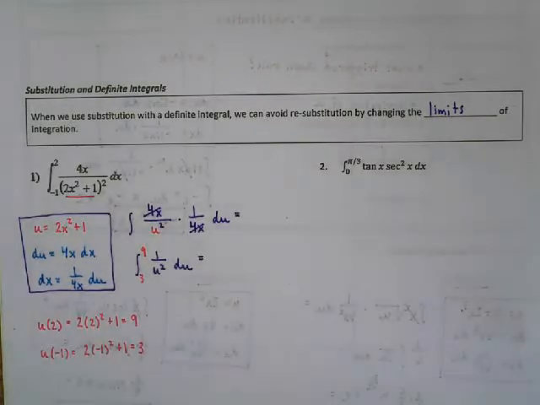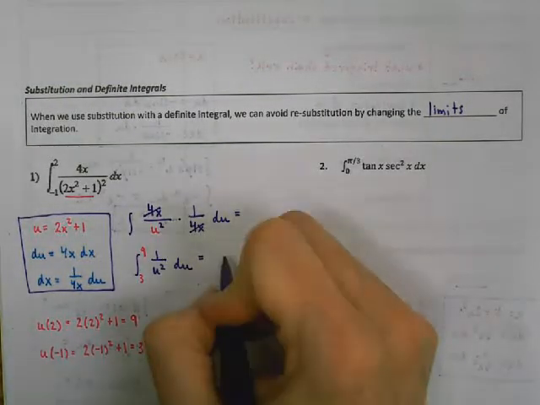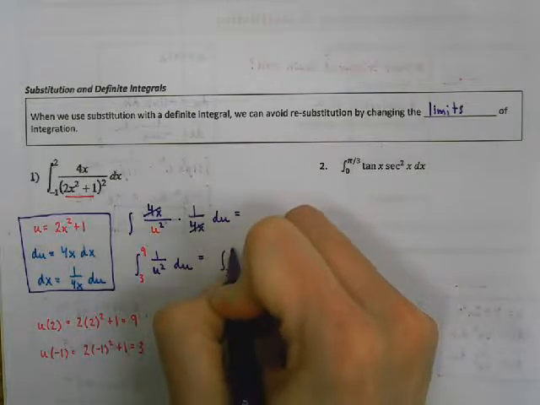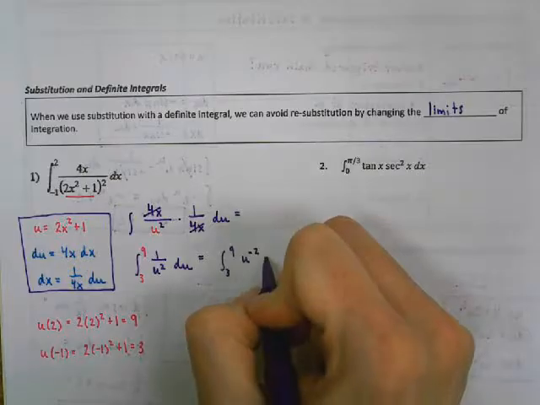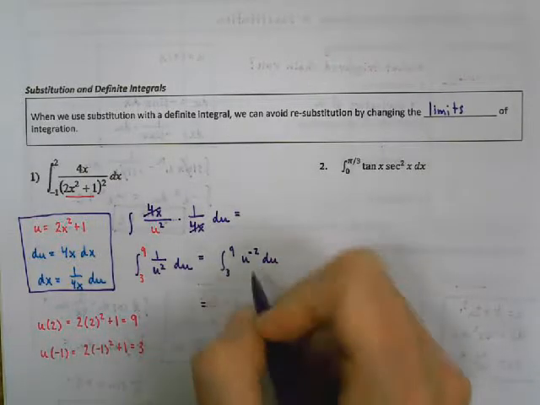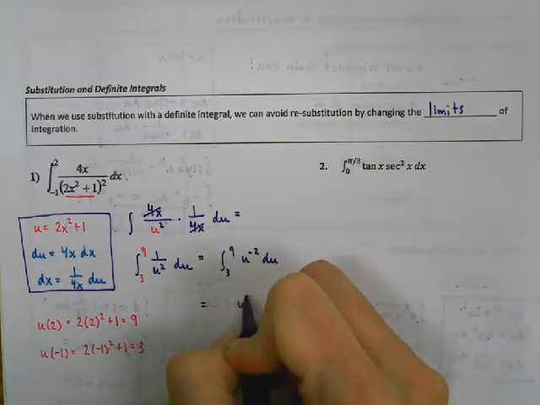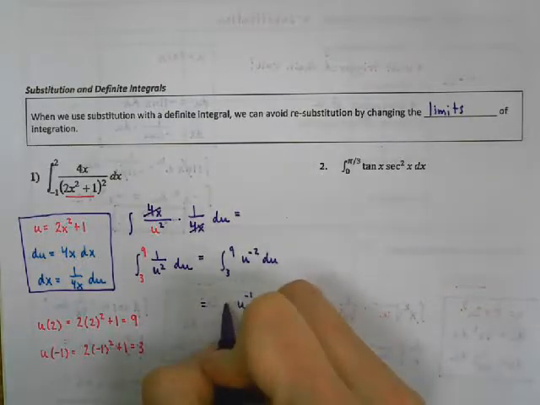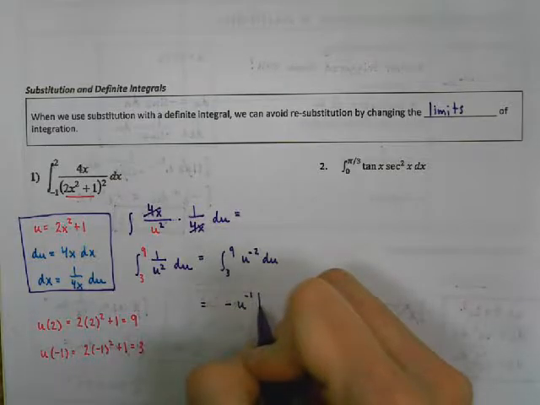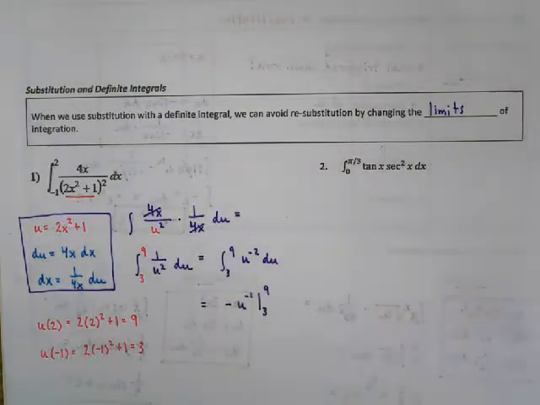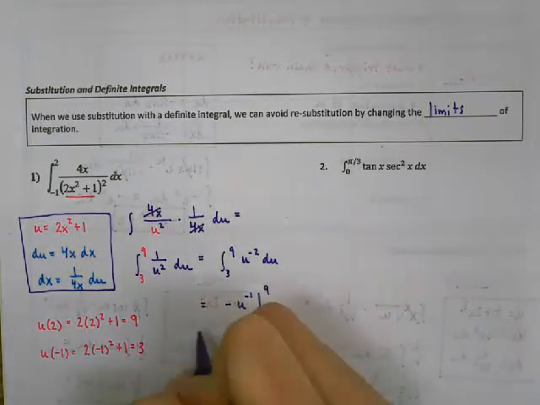So now I'm going to anti-differentiate like normal. I know this is the same thing as saying the integral from 3 to 9 of u to the negative 2 du. So I'm going to add 1, and I'm going to divide by negative 1. So negative u to the negative 1 from 3 to 9.